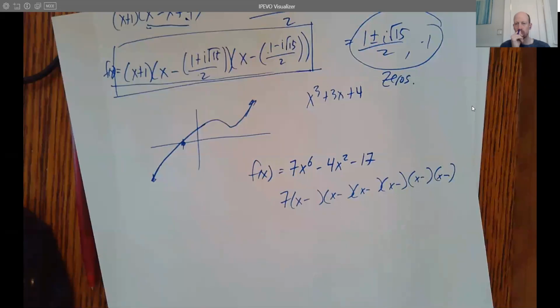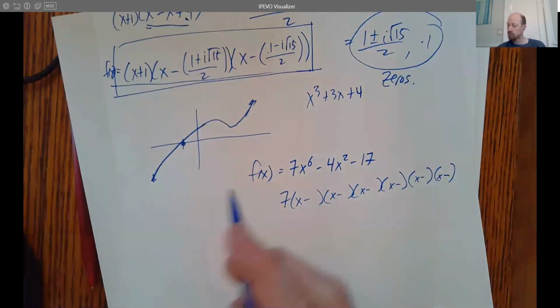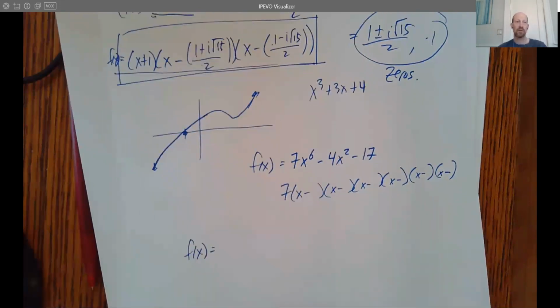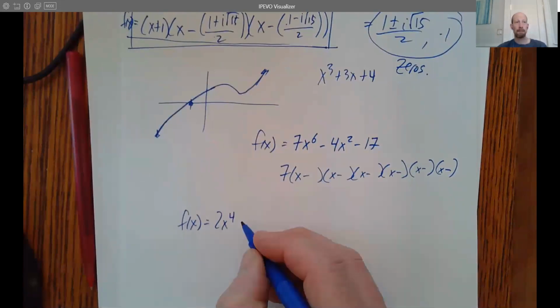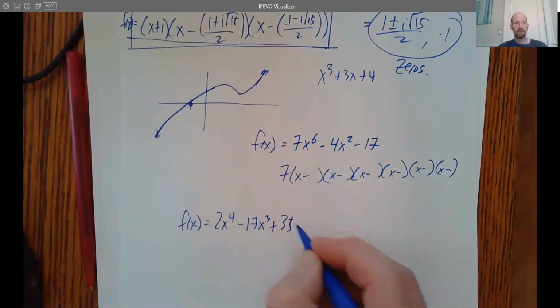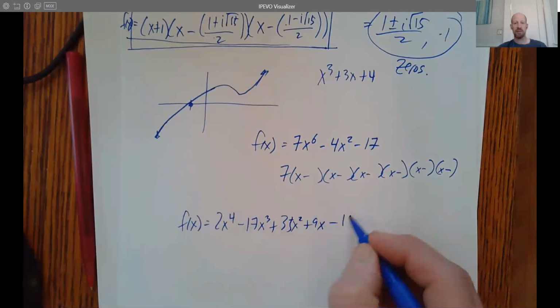And the next one, they say to use the rational zero test. I understand that it is something like that, but I don't get how to do it. Yours may be different numbers than this.